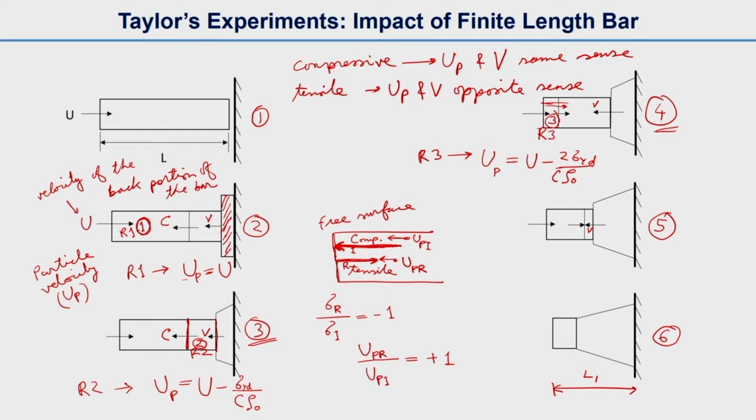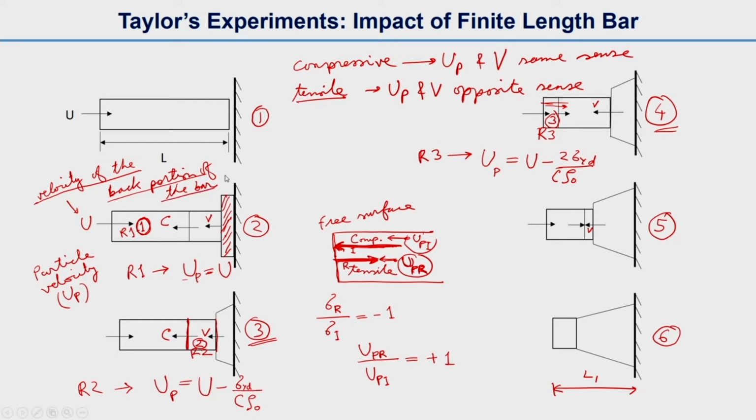Similarly, for the reflected tensile wave, the propagation direction is opposite to the UPR direction, so UP and V have opposite sense. Because both UPI and UPR are in the same direction, we need to subtract that from u, the impact velocity, which is the velocity of the back portion of the bar.